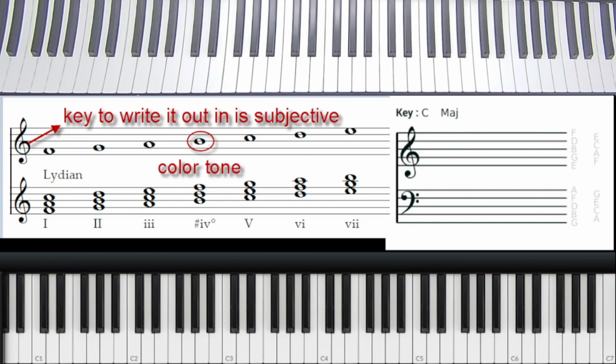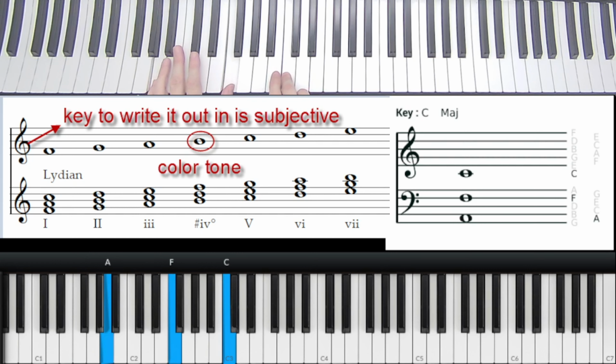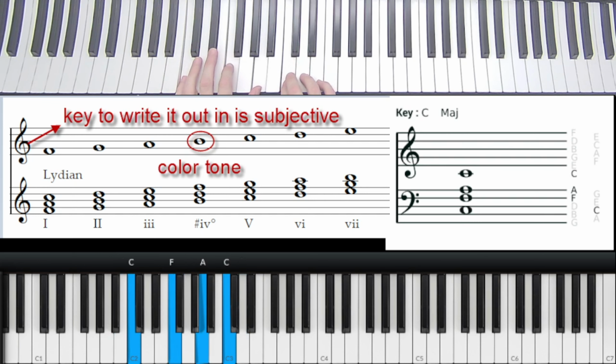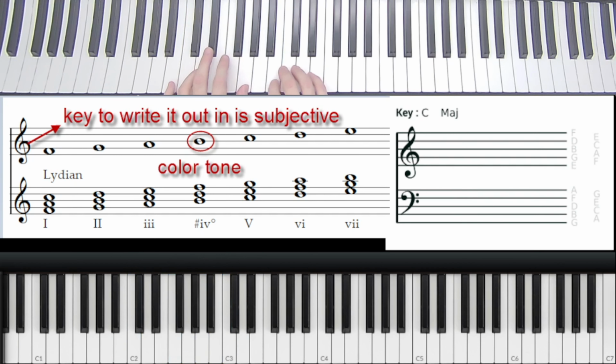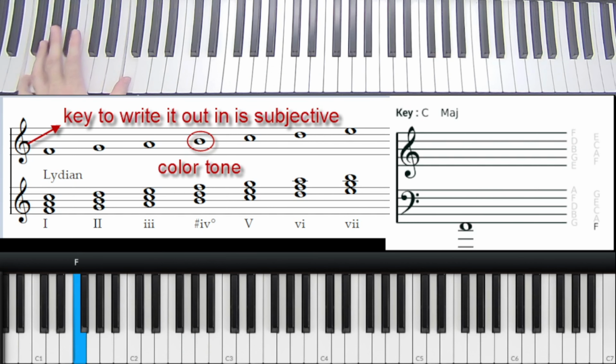So that's very common to do with Lydian too, is 1, 7 first inversion, 1 first inversion, 2 first inversion, 1 second inversion, 2 second inversion, 7, 1, and you could just keep walking up if you wanted to.